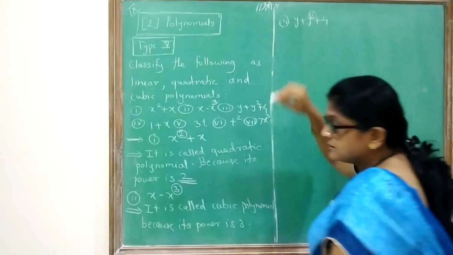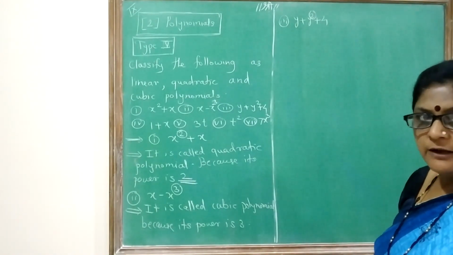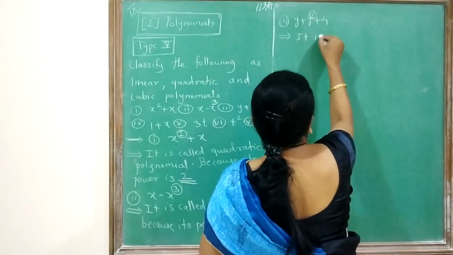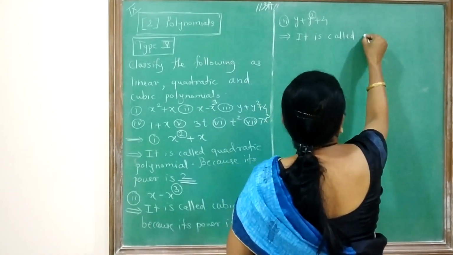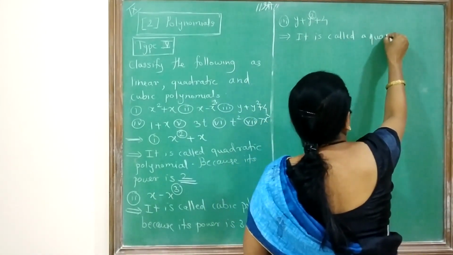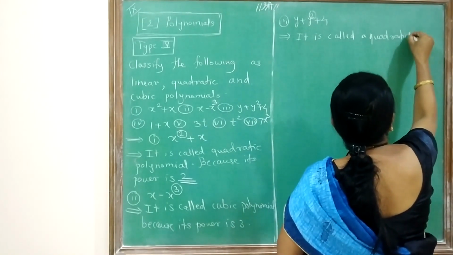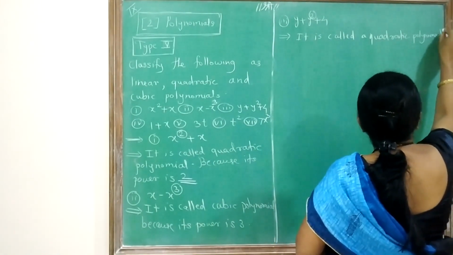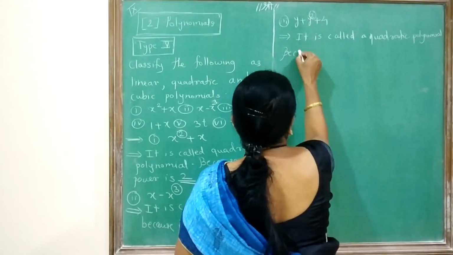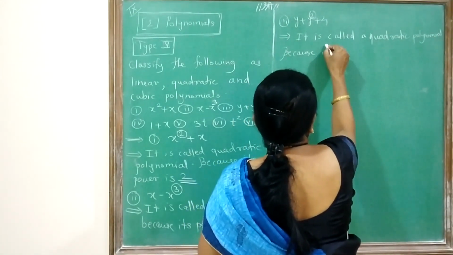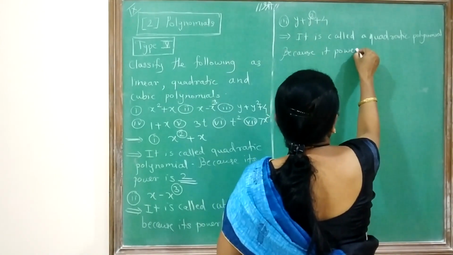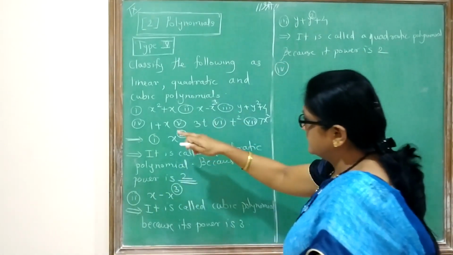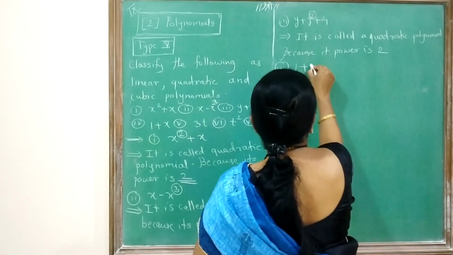Here power is 2, then it is called a quadratic polynomial, because its power is 2. Then the fourth example is 1 plus x.